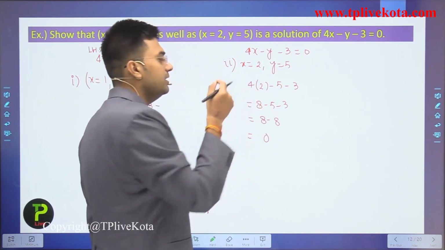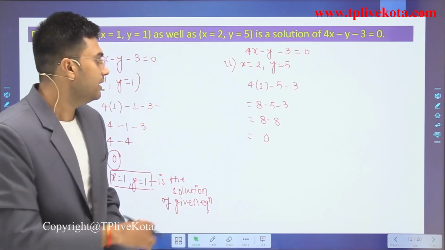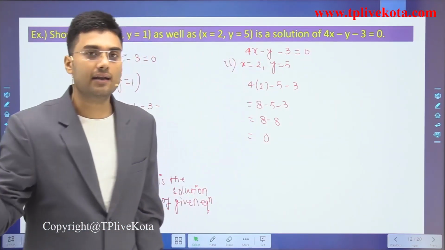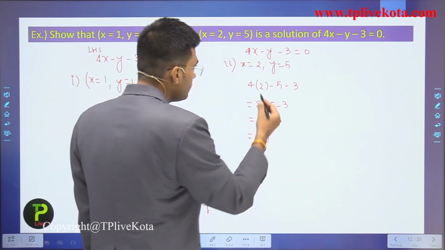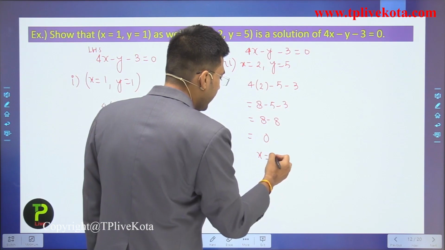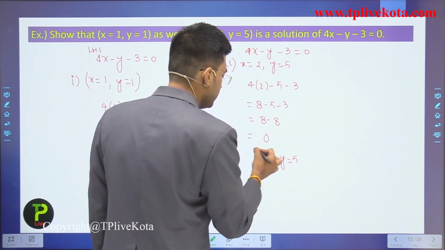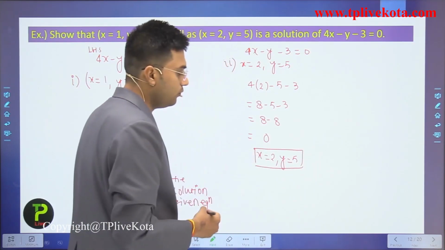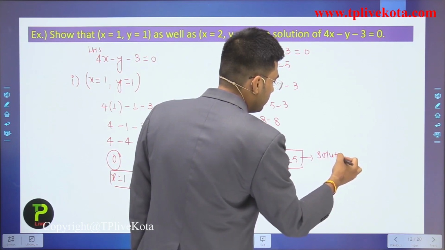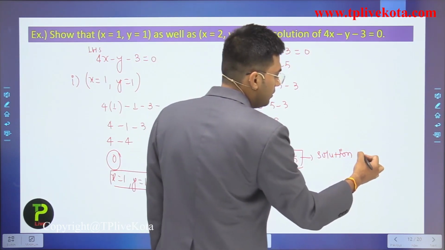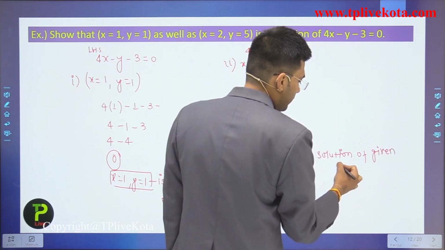Now this ordered pair x equal to 2 and y equal to 5 equates the left hand side and right hand side of the equation, so we can say that x equal to 2 and y equal to 5 is a solution of the given equation.